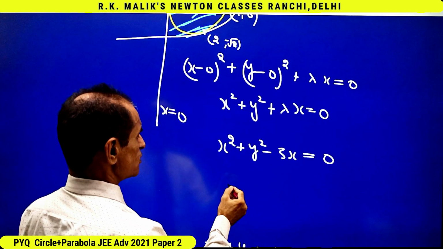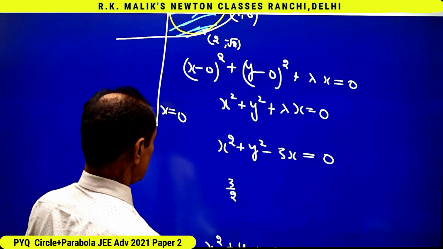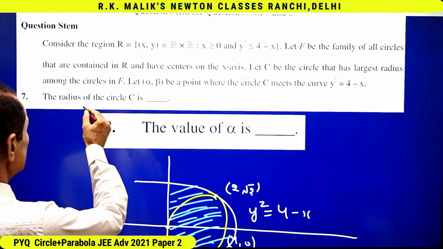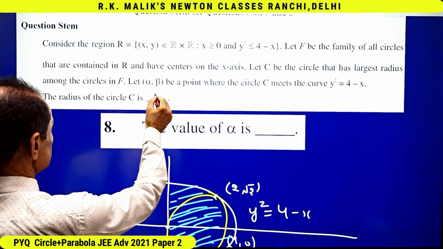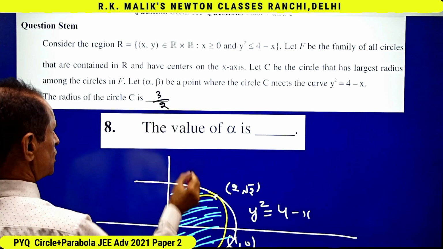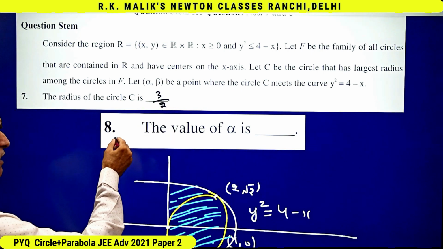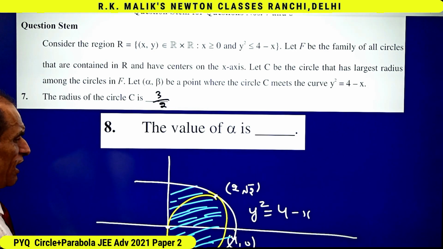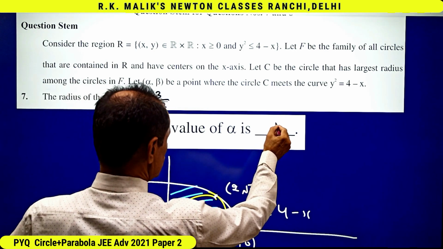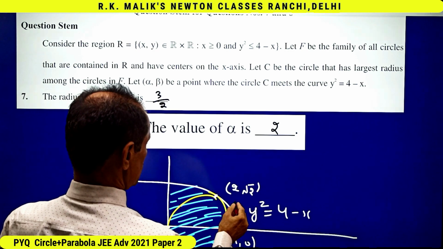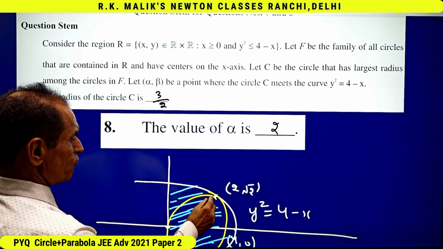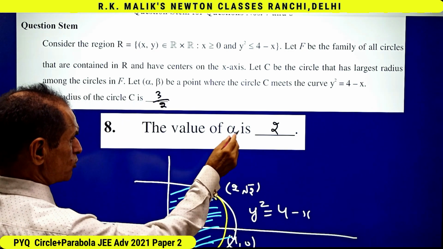It's clear that the radius of this circle is 3 by 2. Hence the answer to question number 7 is 3 by 2, and the answer to question number 8 is 2, because the point of contact had x coordinate 2.